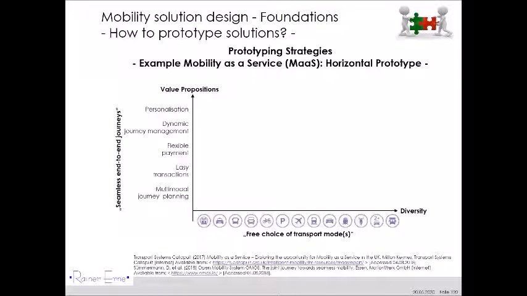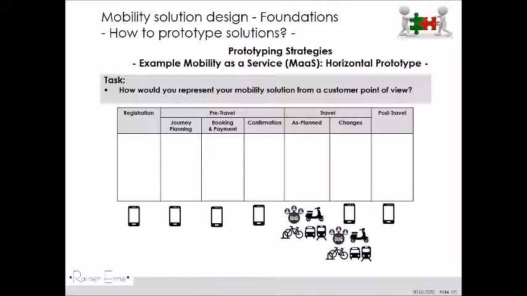And we have the free choice of certain transport modes which are to be selected. And another horizontal strategy in order to design a prototype is that you go through the journey of a user with a MaaS solution.